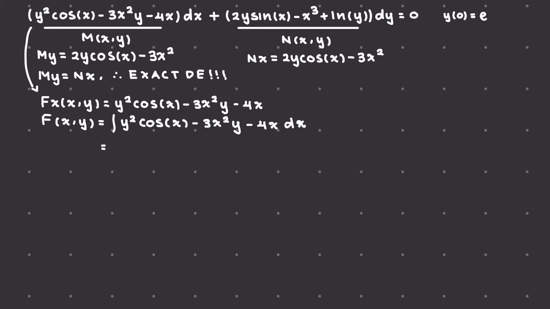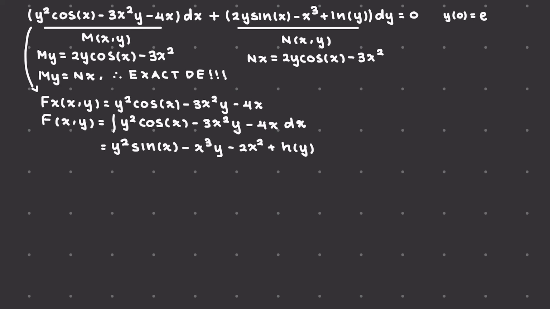And this will give us y squared sine of x minus the integration of 3x squared times y, which is x cubed times y, and 4x is just 2x squared, plus h(y), or the generic function of y.